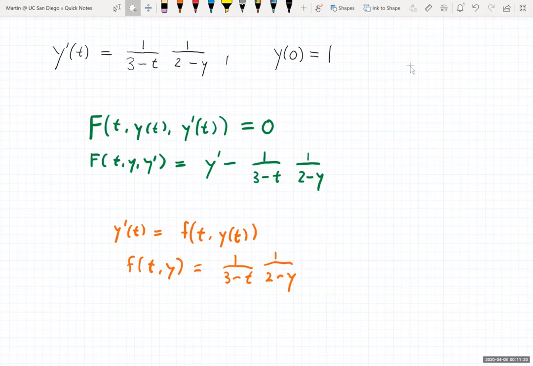Okay, we have seen several abstract formulations for ordinary differential equations. And one example was the form f of t, y of t, y prime of t equals 0.